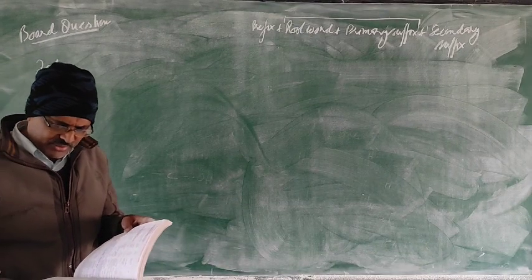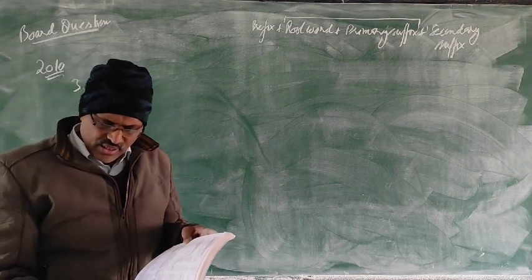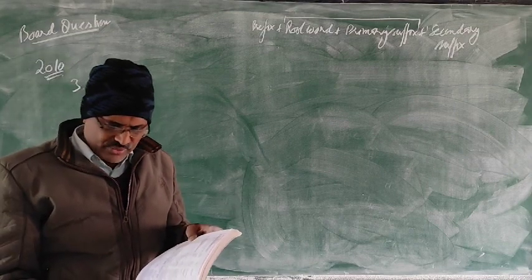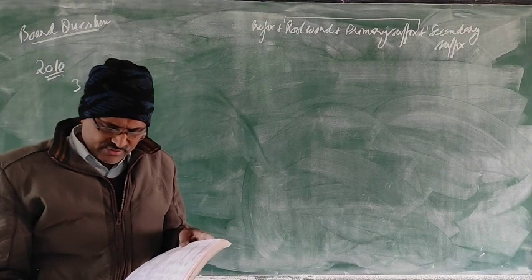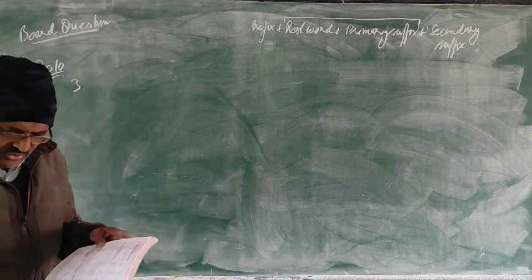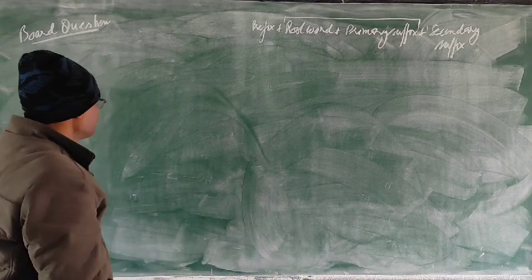Compound X is bubbled through bromine dissolved in CCl4, and the product formed is CH2Br-CH2Br. Draw the structural formula of X and state the type of reaction. So this X will be ethene, and the type of reaction is addition reaction.